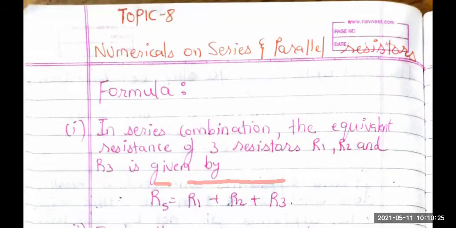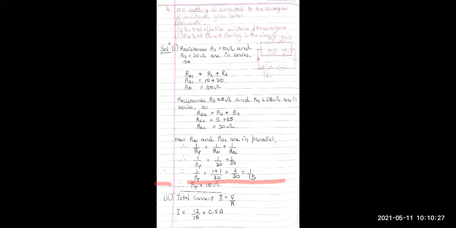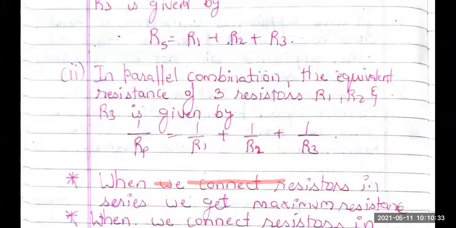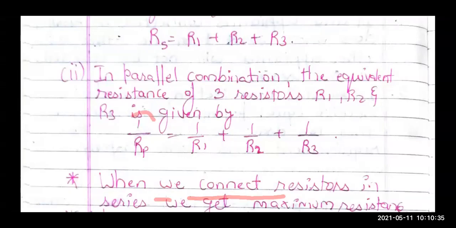Now, when the resistors are connected in parallel, the formula for equivalent resistance is 1 upon Rp equals, where Rp is the equivalent resistance in parallel, 1 by R1 plus 1 by R2 plus 1 by R3 and so on.